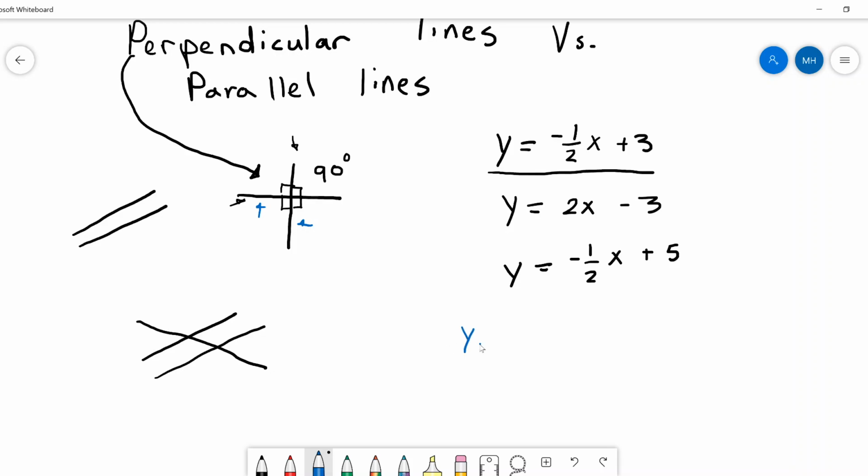Let's call the slope of the first line m1, say negative 1 over 2. The slope of the perpendicular line, m2, is equal to the negative reciprocal of m1.